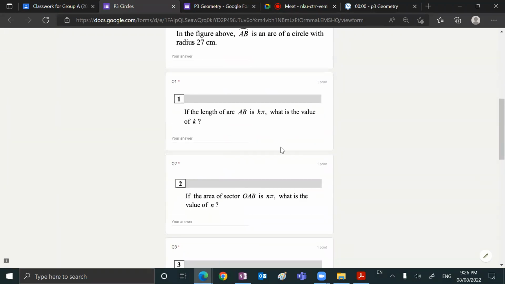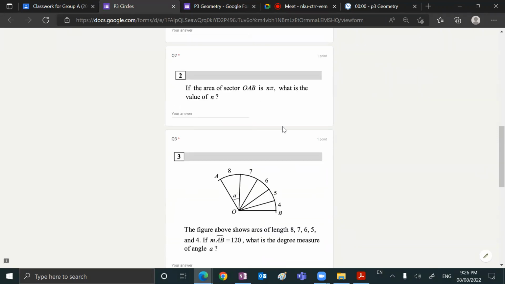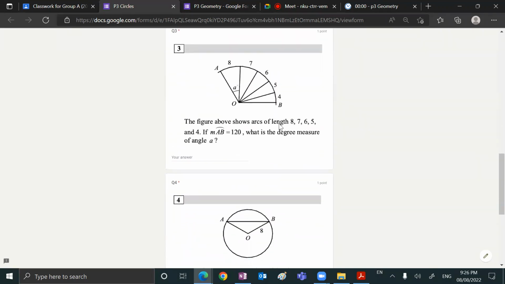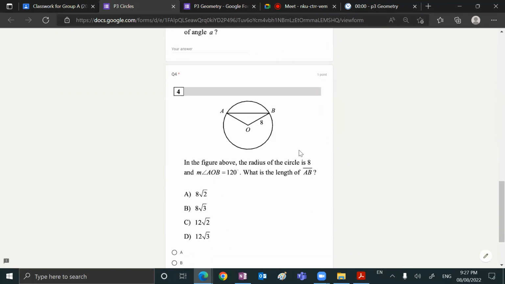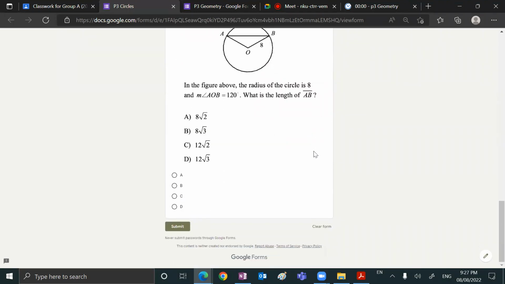The first 2 questions are all about one length and one area. The rest are mainly good questions where you reason through the idea of ratios in sectors. This one involves special triangles inside of a circle, and that's mainly it.